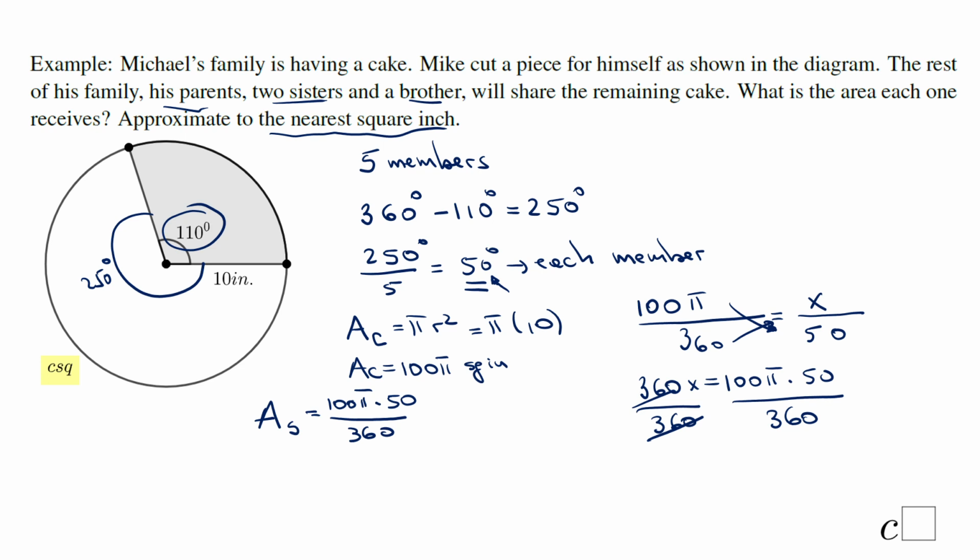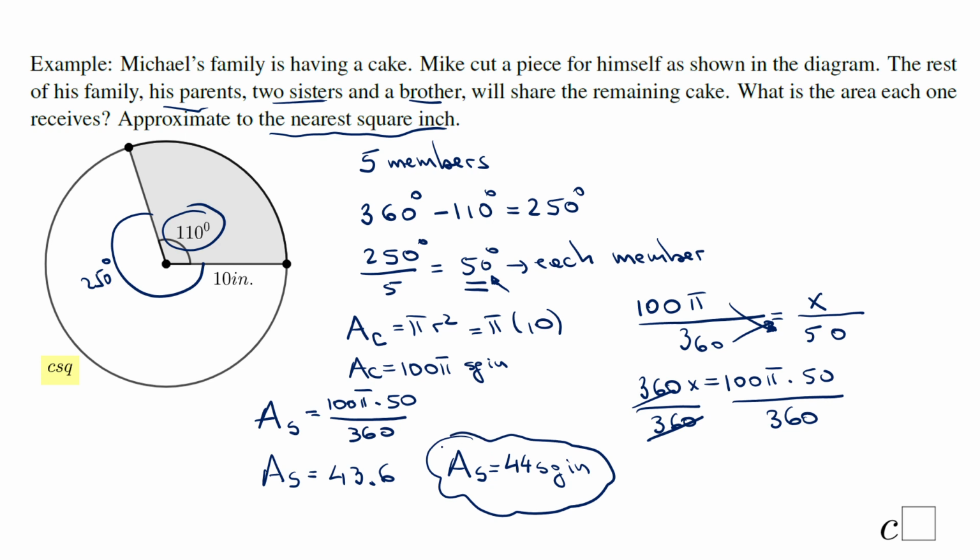So I end up with this value, 43, and we need the nearest square inch, so I have 43.6, and that means we're going to round it up, and that will be 44 square inches. That is how much each member of the family gets from that cake.